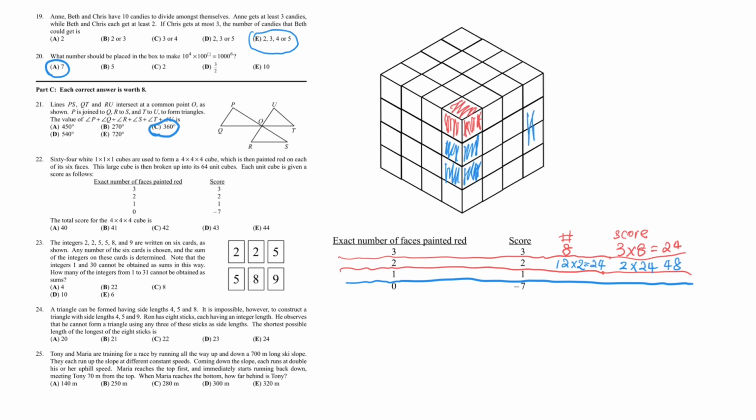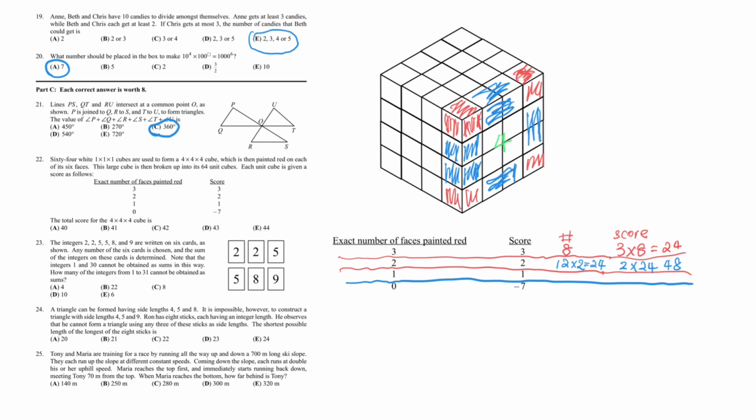Now we figure out how many have 1 face painted. The edges are all painted on 2 faces, and the corners are all painted on 3 faces. So I just showed this side. That clearly shows there are 4 cubes on 1 surface painted on only 1 face.